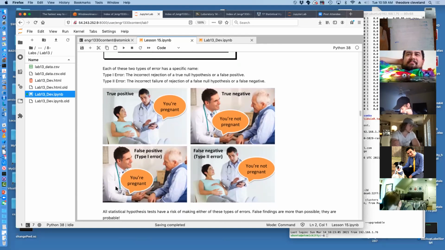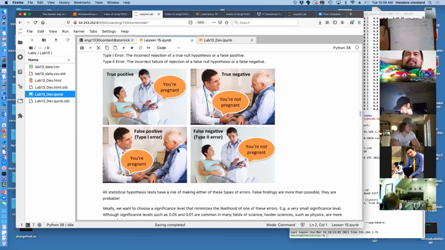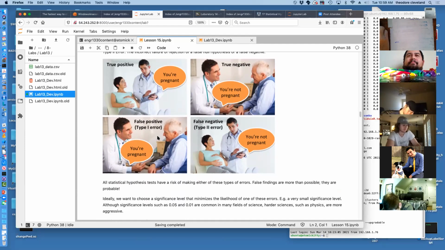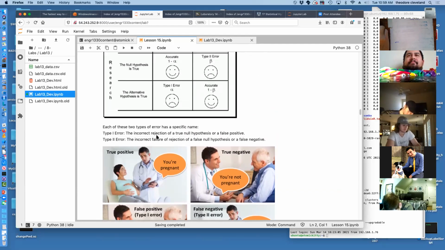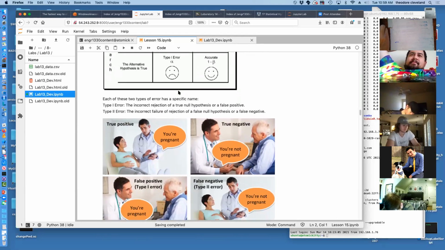Occasionally, because the doctor's not too bright, he will talk to this elderly gentleman who, at least in our world, can't become pregnant by virtue of being a male and is unlikely to become pregnant by virtue of being almost as old as God. And the doctor says, you're pregnant. Now that's a false positive or a type 1 error. And that doctor is going to come up with that alpha percentile times.